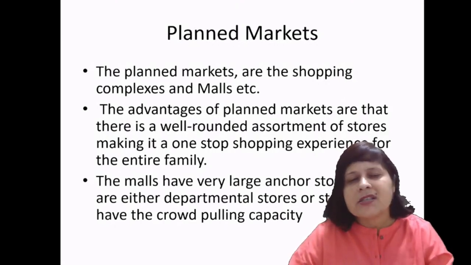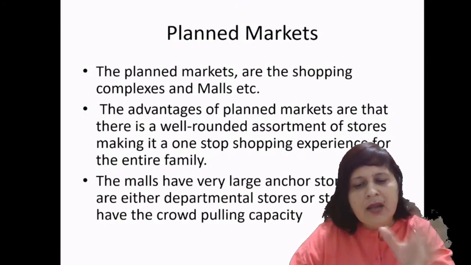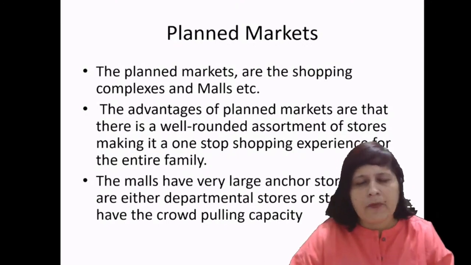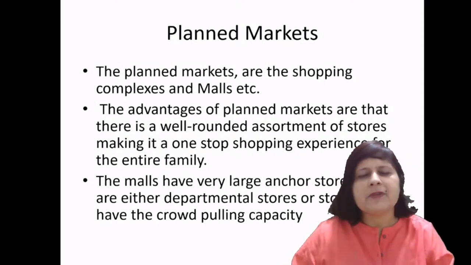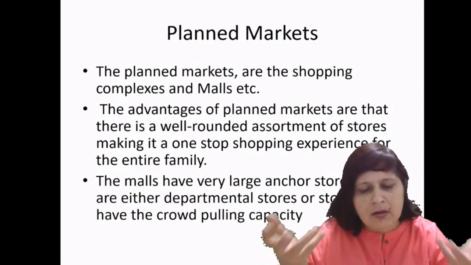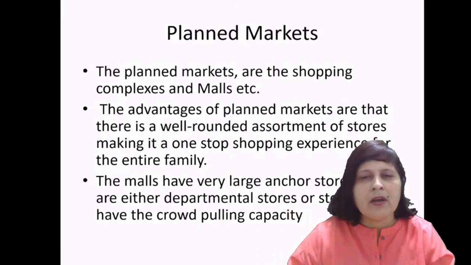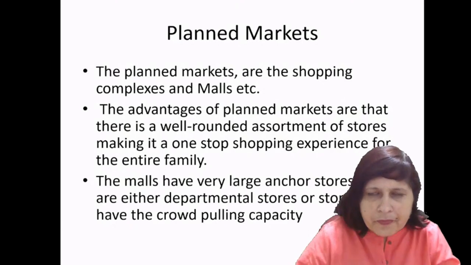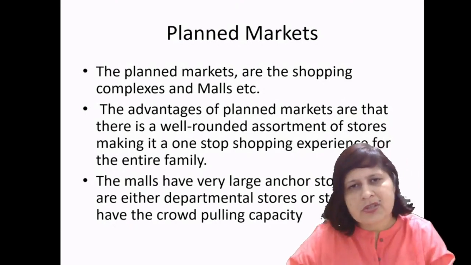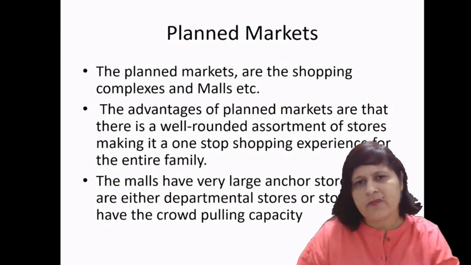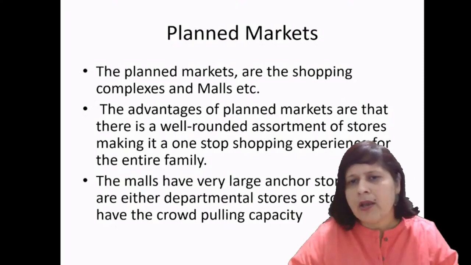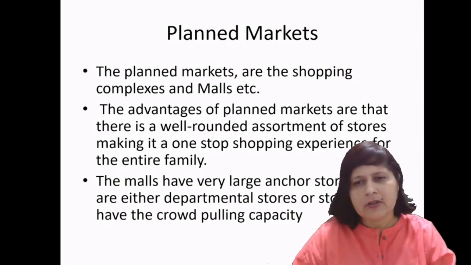Next is, malls have very large anchor stores. These stores have the capacity of crowd pulling. They pull the crowds, and because these anchor stores pull the crowd, it impacts the business of other stores.